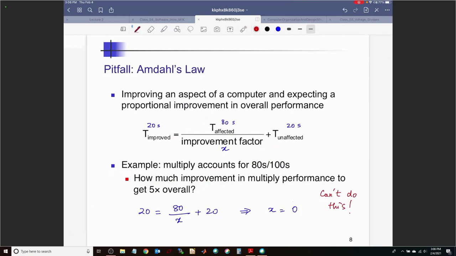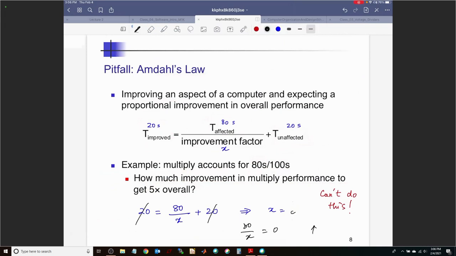Well, so these two guys cancel out, right? So 80 over x equals 0. Right. But you can't get that. Your improvement factor is infinity. You're right. X is infinity.